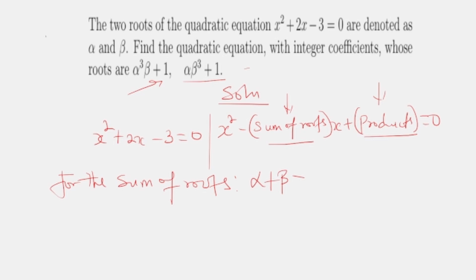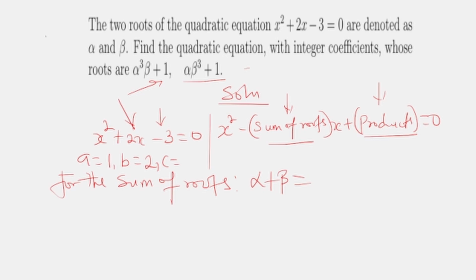Remember, they gave us an existing equation, so we are going to use this equation to form a new quadratic equation, right? Now, let's first of all define our values. Our a is 1. The number in front of your x squared is 1. Your b is the number in front of x, which is 2. And lastly, our c is the constant term, which does not have an x attached to it.